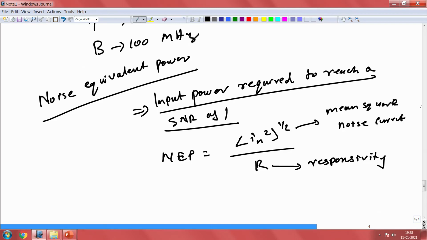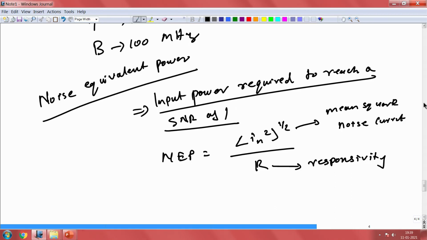By looking at the responsivity and the base noise current that we have, one should be able to tell the minimum power required in order to get the signal to noise ratio to be 1.